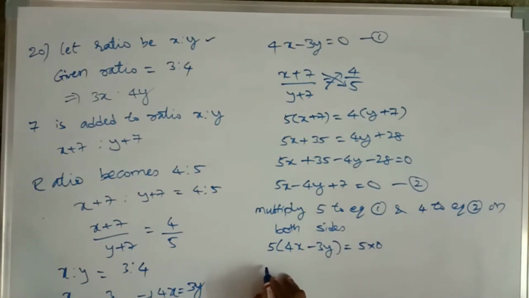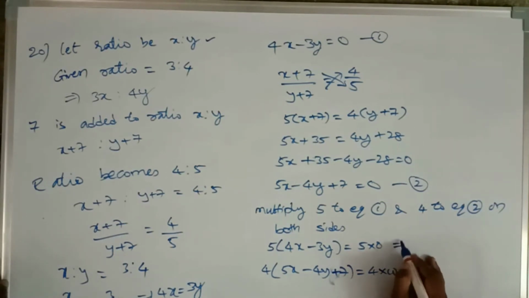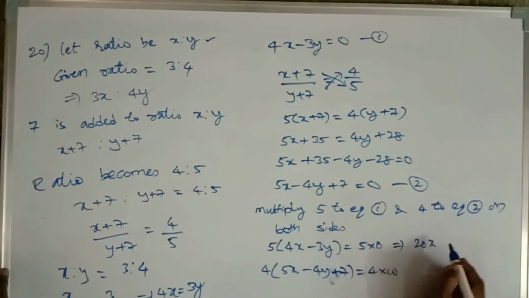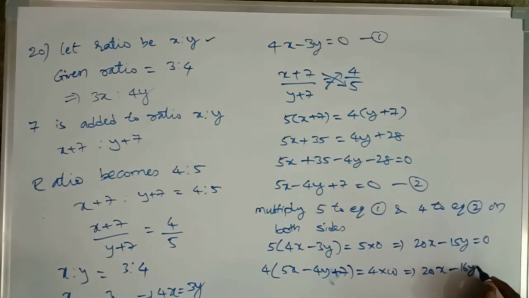And the second equation is 4 into 5x minus 4y plus 7 equal to 4 into 0. Now how much value am I going to get? 5 4s are 20x minus 15y equal to 0, and here 20x minus 16y plus 7 4s are 28, plus 28 equal to 0.